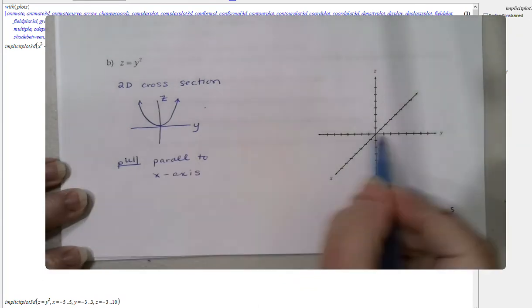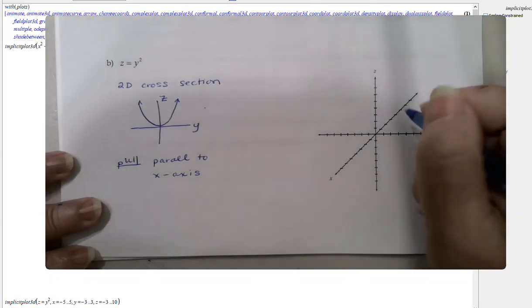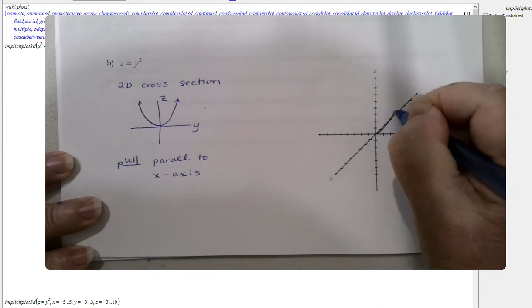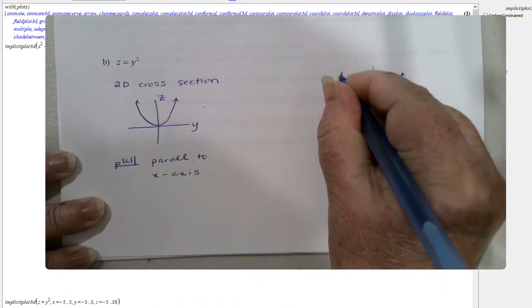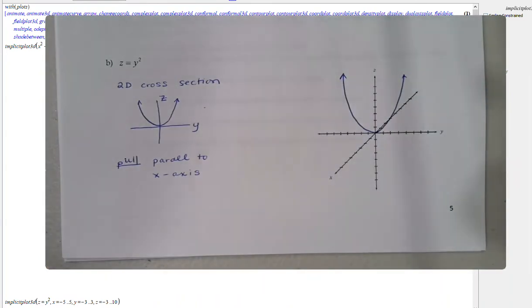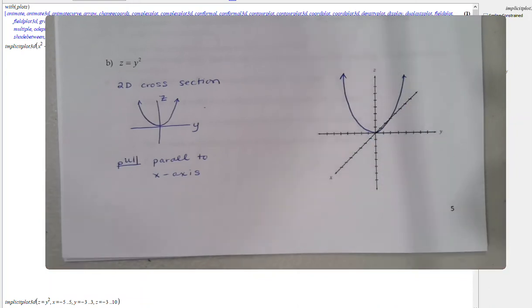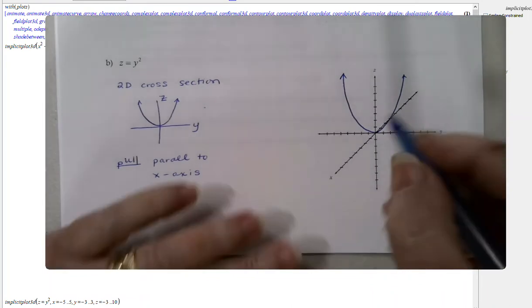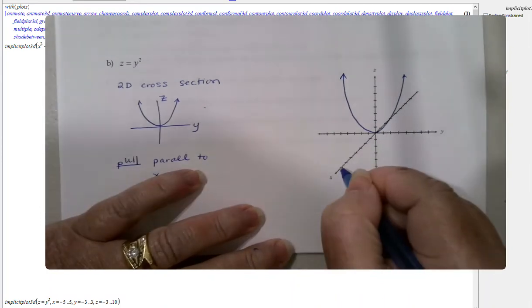So this one's fairly easy to translate over into my three-dimensional graph. Y and z nicely are the flat plane of the paper. So I'll just go ahead and do that. Like so. There's my parabola. And then I have to imagine pulling that forward in the direction of the x-axis, just like when we drew before. Keeping lines parallel really helps a lot. So I'm going to draw another copy of the parabola forward here somewhere on the x-axis.